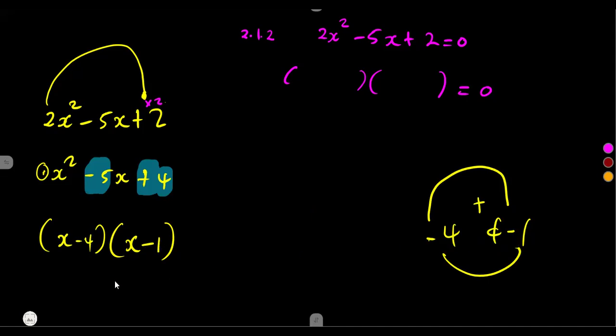What about the 2 that we stole and multiplied there? Remember that it is part of our question. We are supposed to bring it back. Wherever we see x, we put that 2. Then factor out what is common in these two brackets. In the first bracket, 2 is common.